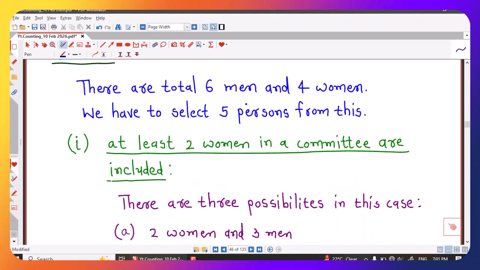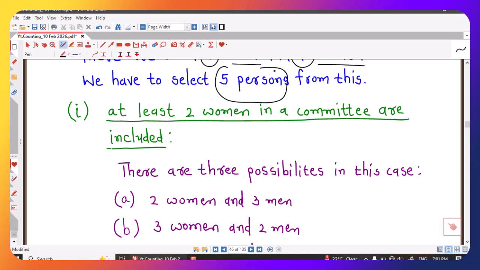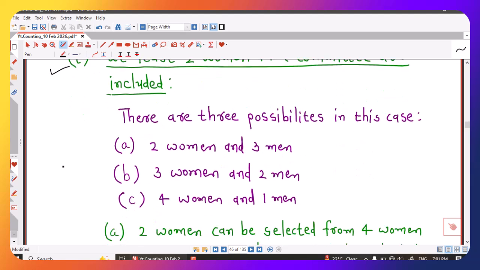Here I have written all these things. I have first written that there are a total of 6 men and 4 women, and we have to select 5 persons from these 6 men and 4 women. And in the first sub question, we have to construct a committee of 5 persons such that at least 2 women are included. So there are 3 possibilities.